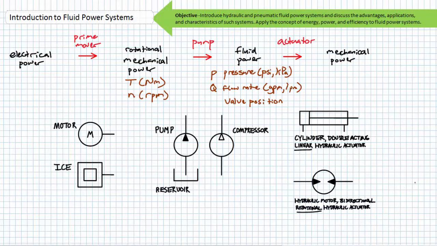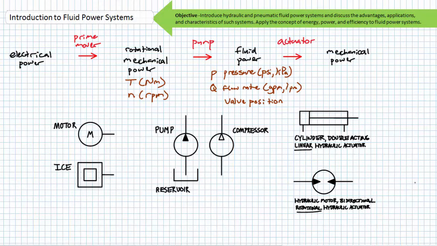Rotational fluid power actuators are known as hydraulic motors. Motors turn clockwise or counterclockwise with a torque and rotational speed, as dictated by the fluid power system pressure, flow rate, and valve position. You'll note the hydraulic motor schematic symbol is essentially the opposite of a pump. It's an actuator that converts fluid power to rotational mechanical power.